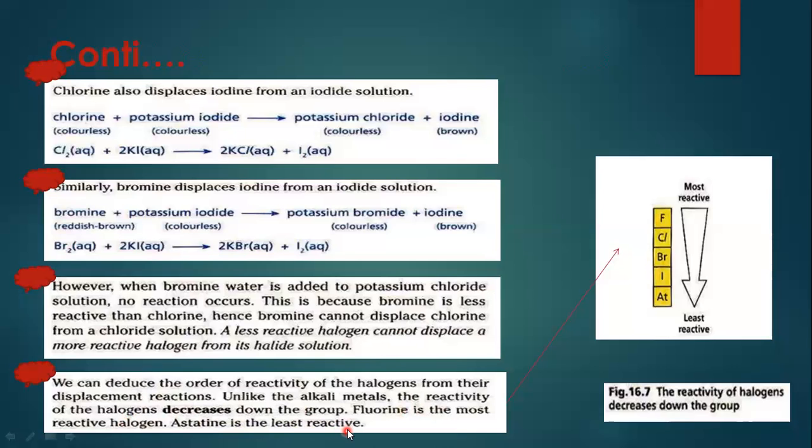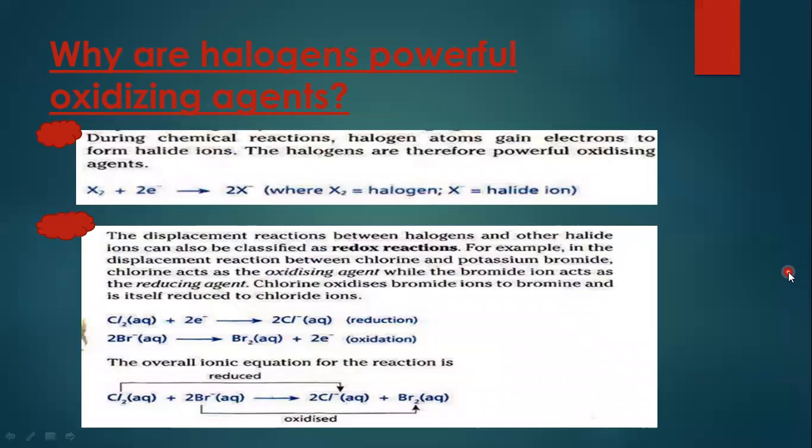Okay, so based upon their chemical nature, we discussed some of the chemical properties, and the most important property, very important from your exam point of view, was displacement reaction. At the end, we discuss that halogens are also known as powerful oxidizing agents.